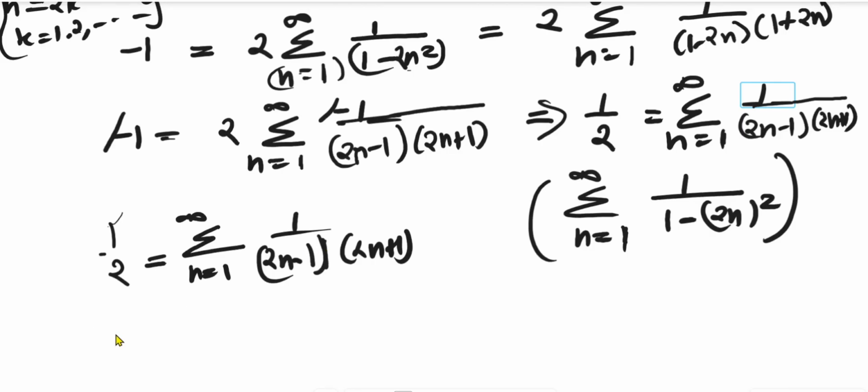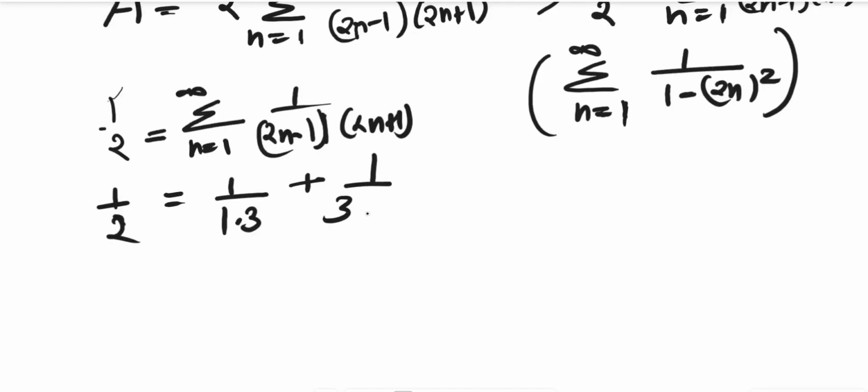Now it is 1 upon 2 is equal to, take the value n is 1, then it is 1 upon 1 multiply 3 plus 1 upon, take the value 2, it is 4 minus 1, 3 multiply 4 plus 1, 5 plus 1 upon, take the value 3, it is 6 minus 1 is 5 multiply 6 plus 1 that is 7 and so on.